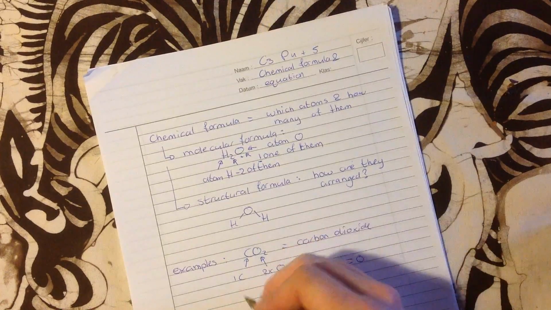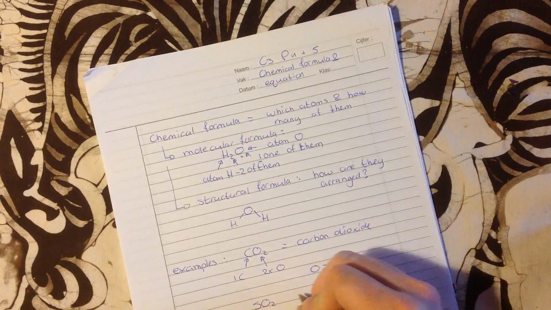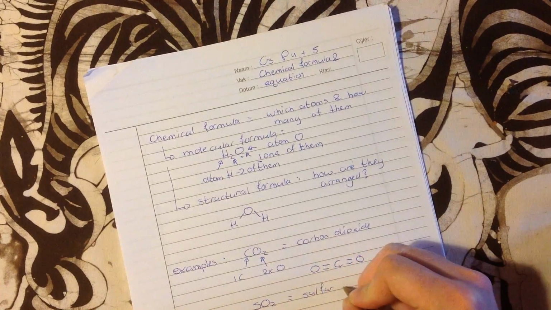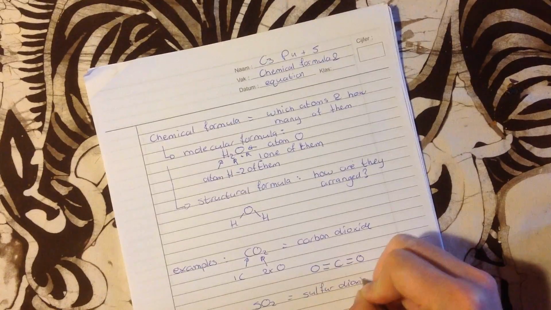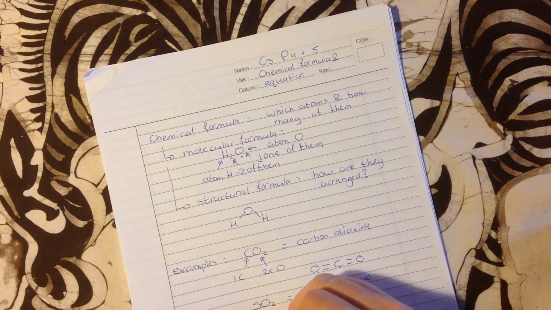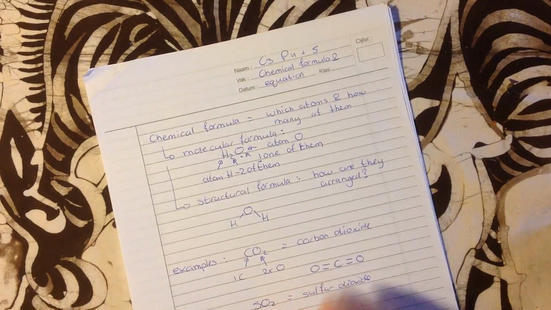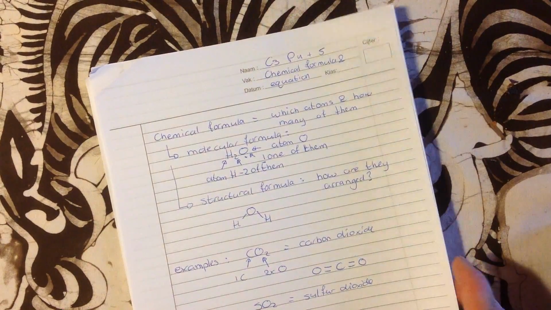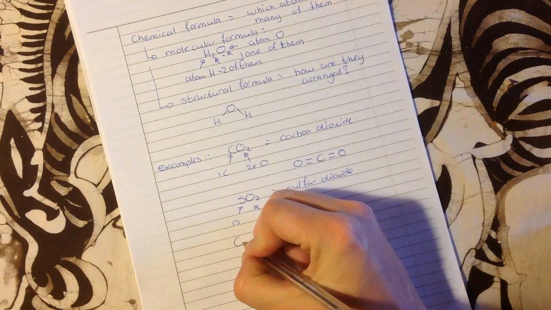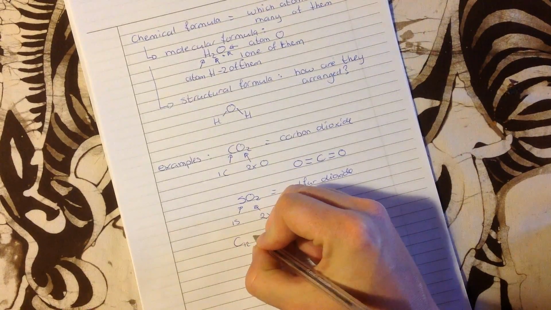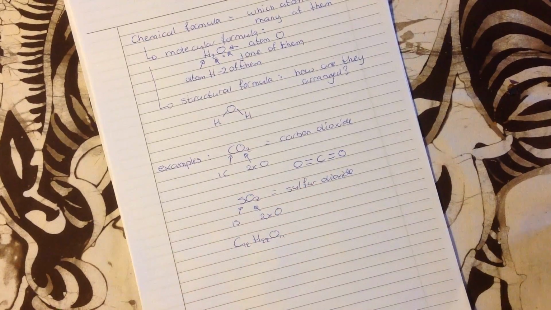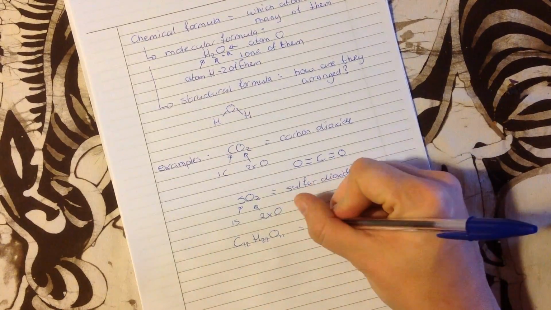I, for example, have SO2, which is sulfur dioxide, and it has one S and 2 times an O. There are more, like C12H22O11, which is sugar.